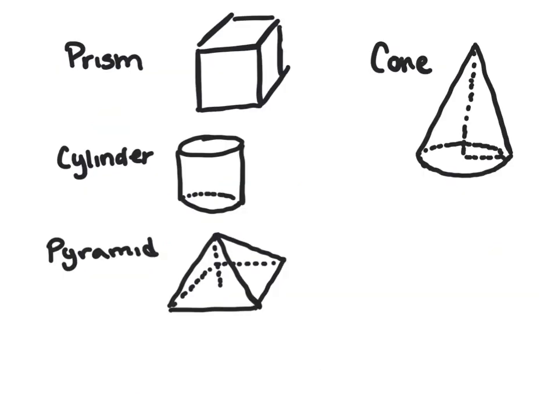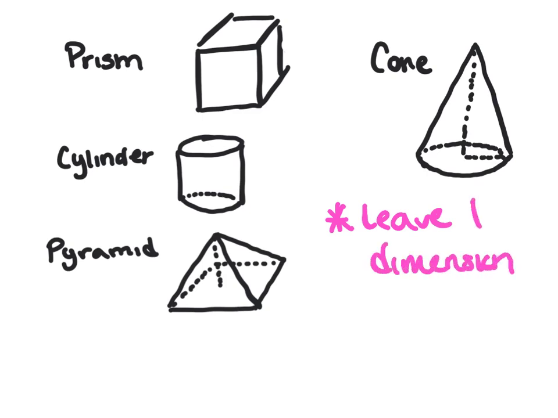So essentially with this project, you are creating your own figure. You're going to choose one of the shapes and leave one of the dimensions unknown, and you get to choose what that is. So the dimensions you would need for a prism is you have this dimension, this, and this.